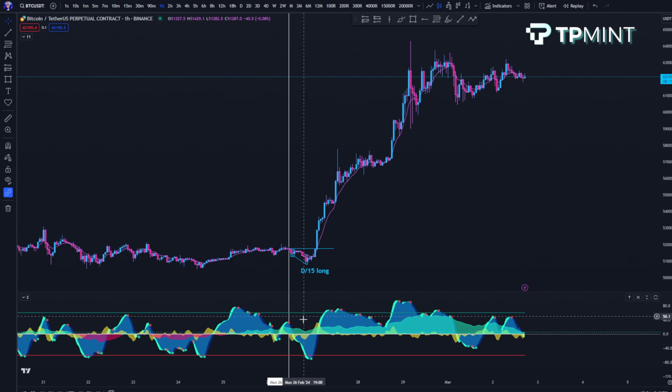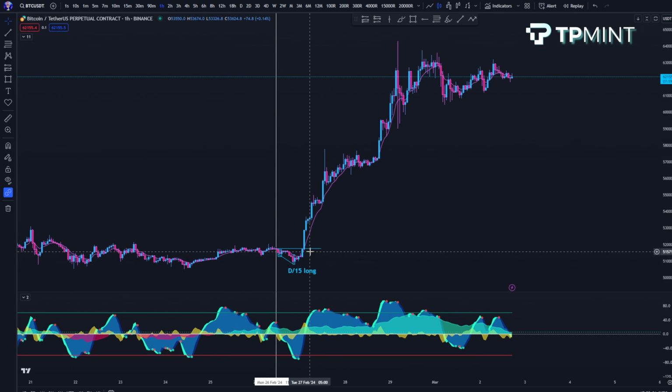Barely visible. The 1 hour wave did hit negative 60 before that D15 divergence ended up playing out. So it was a weekly 1 hour long position as well as a D15 long position. What I mean by that is price was under the weekly open.